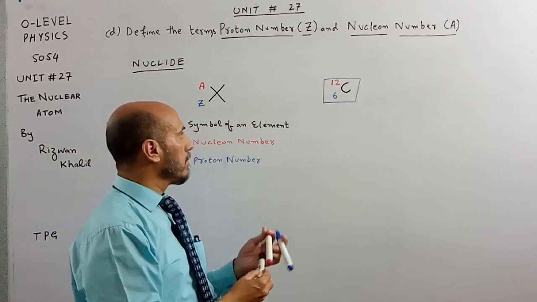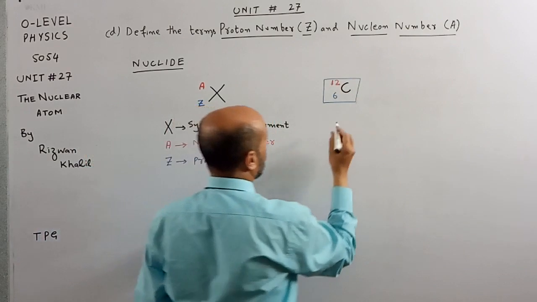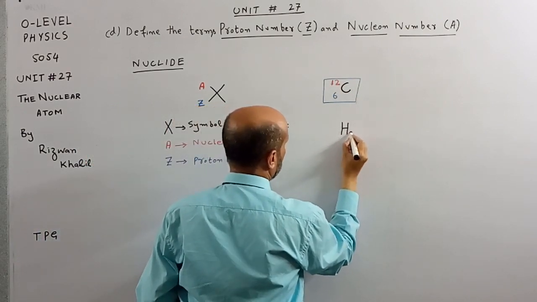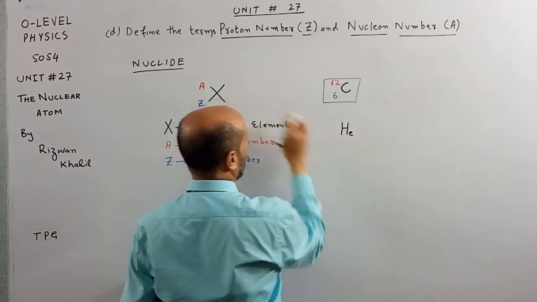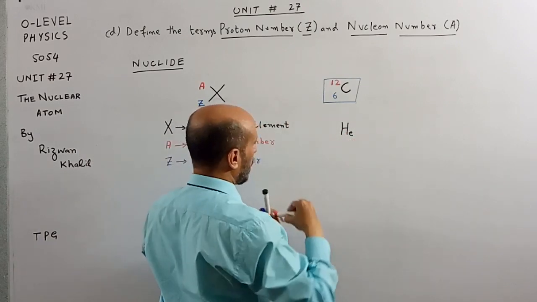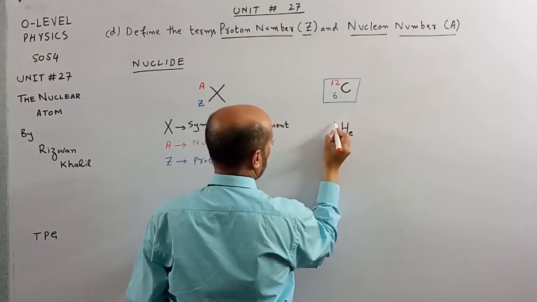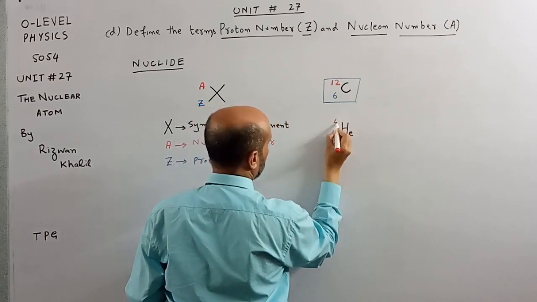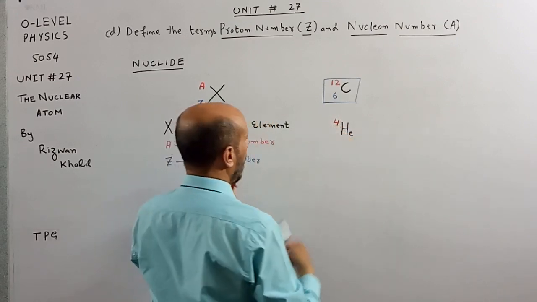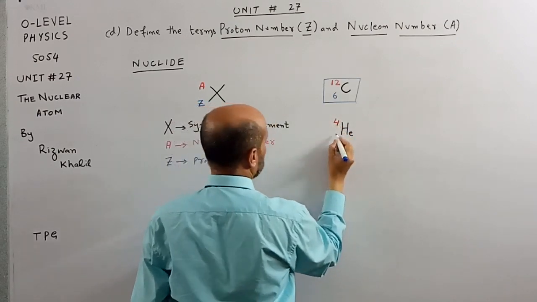Another example is the helium atom. In place of X we will write helium, then the value of A is 4, while the value of Z is 2.